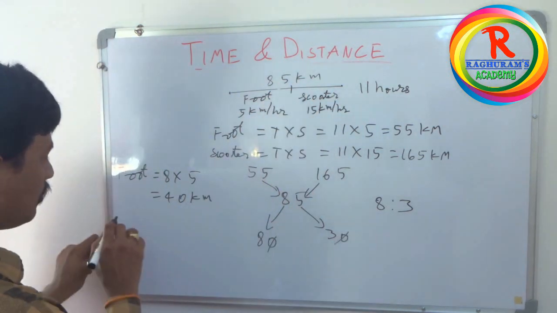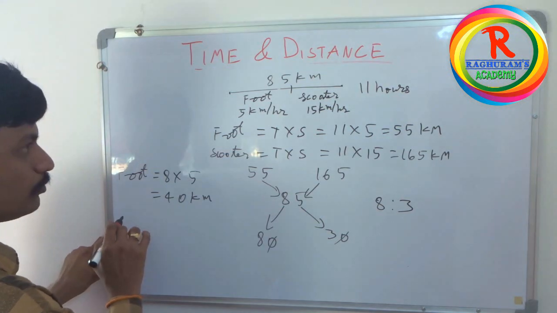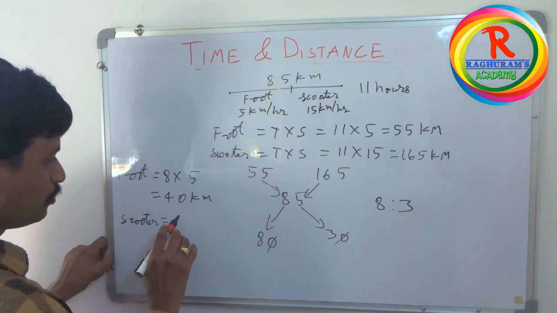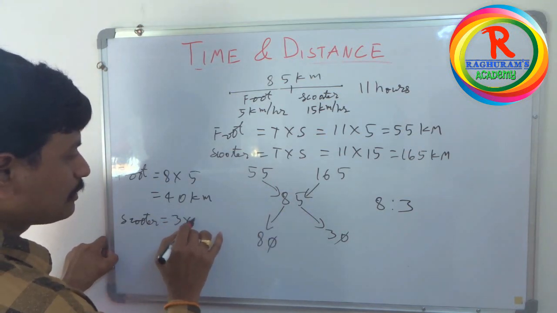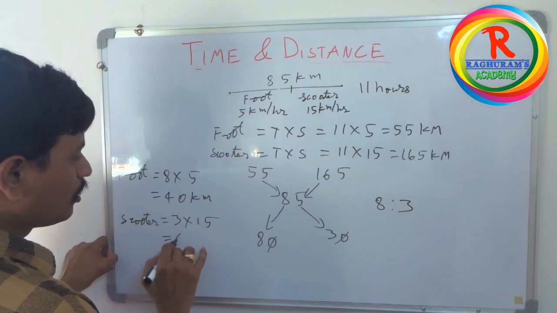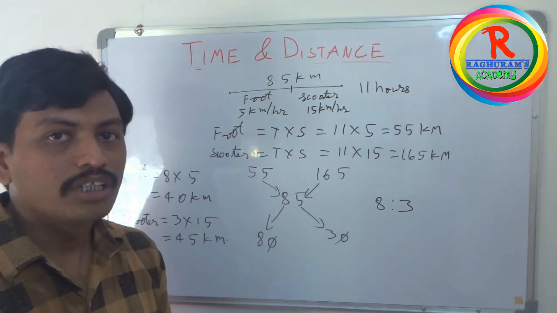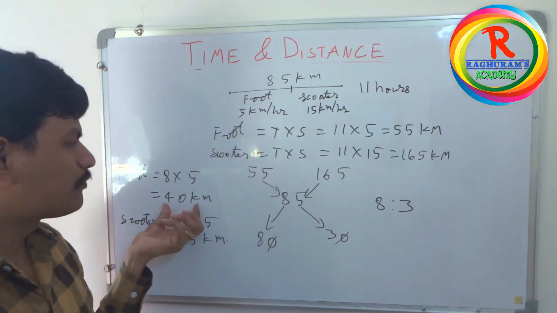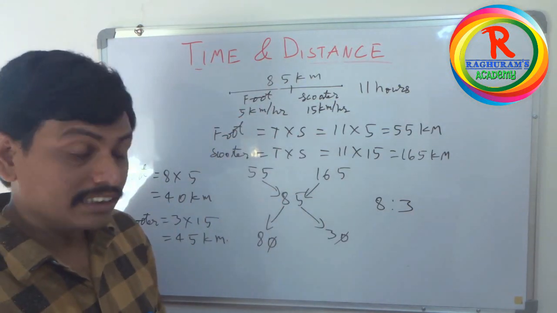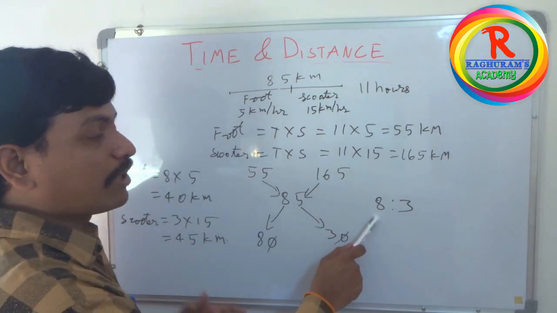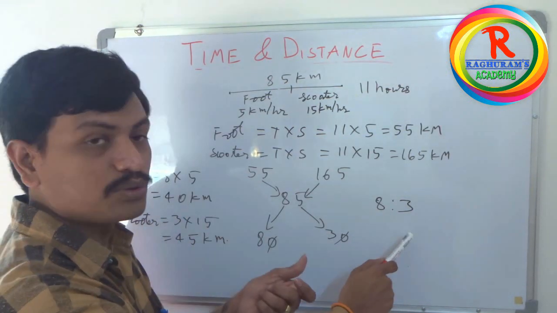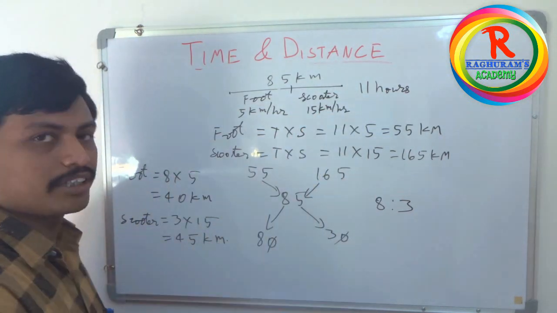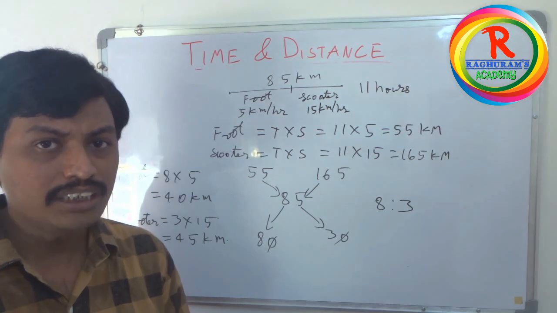Otherwise you can find this one: scooter is equal to 3 hours into speed 15, 15 threes is 45 kilometers. But the question is how many kilometers by foot. That is just 40 kilometers is the answer. Suppose they asked how much time by foot, 8 hours. How much time by scooter, 3 hours. How much distance he covered by scooter, that is 45 kilometers. Thus those can also be answered.